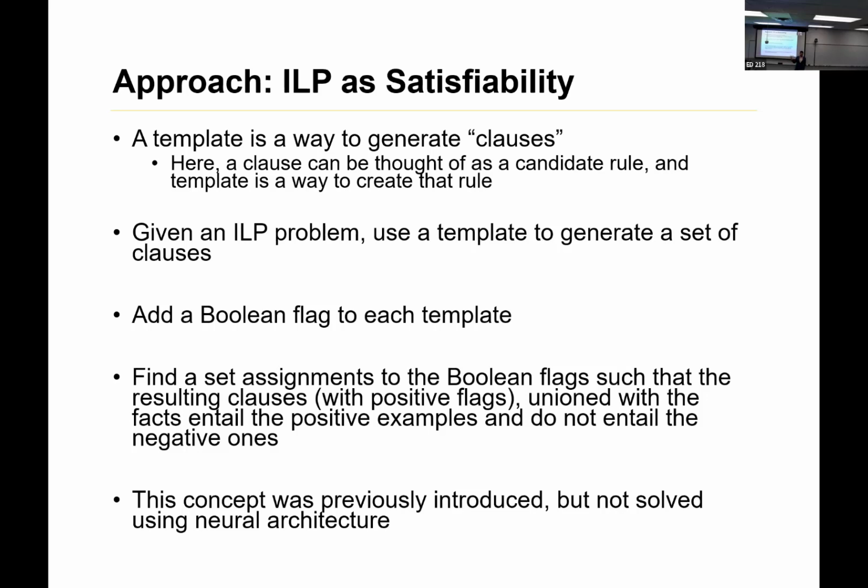So we don't consider any constants or variables with this ground atom. We just treat it propositionally, or as a predicate with no arguments. So we're looking to find assignments to these Booleans such that the resulting clauses that have a positive Boolean associated with them, union with the facts, entail the positive examples.